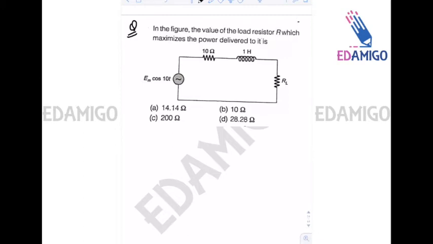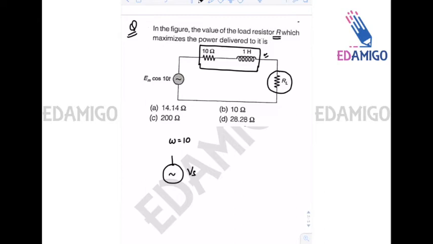In this question we have to find the value of load R so that maximum power transfer takes place. Since in the circuit omega equals 10, we have already seen all the possible cases of maximum power transfer.